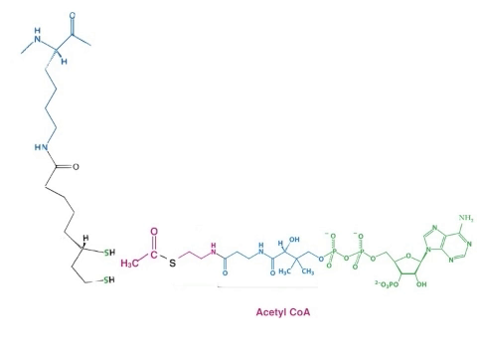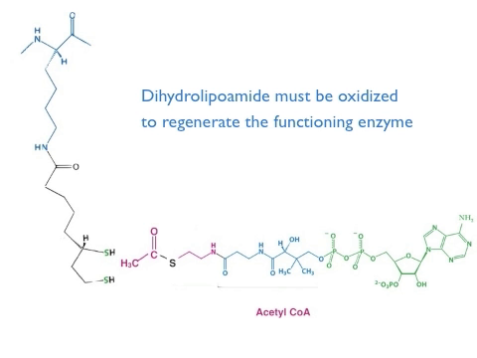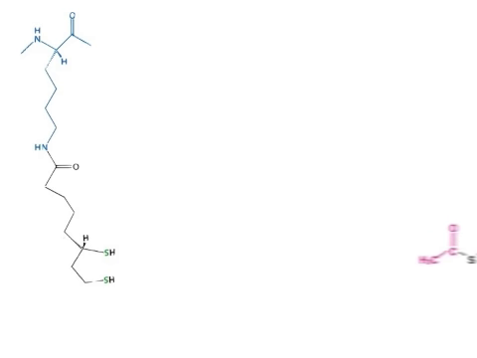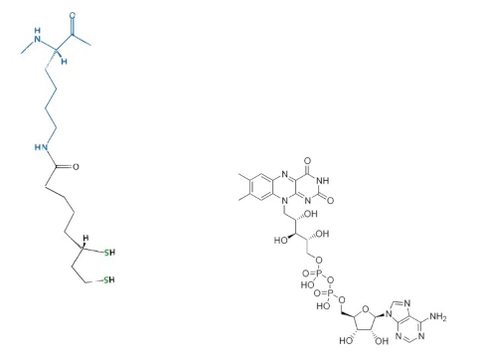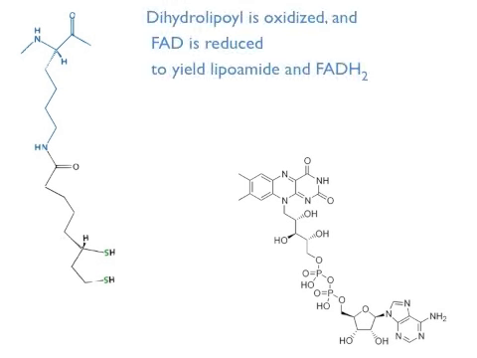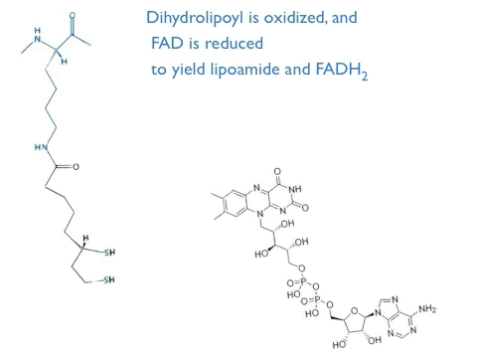So we've done our job. The trouble is, we've broken our enzyme. Instead of the disulfide bridge in lipoamide, we now have 2 sulfhydryl groups, and this is not good. We're going to have to oxidize these 2 sulfhydryls to reconstitute the disulfide bridge so that the enzyme will work again. To do this, we're going to use FAD to oxidize these 2 sulfhydryls.